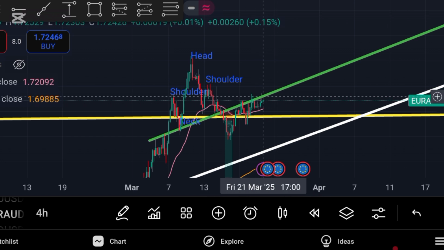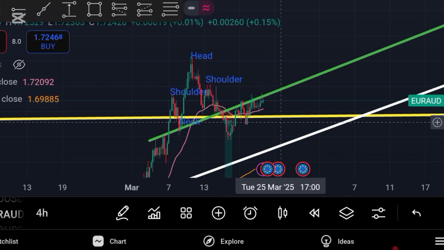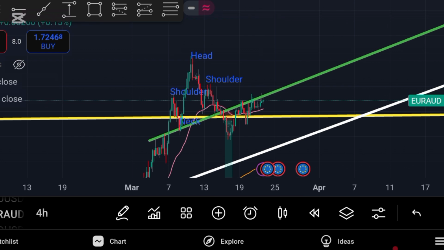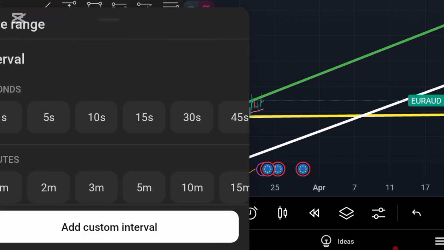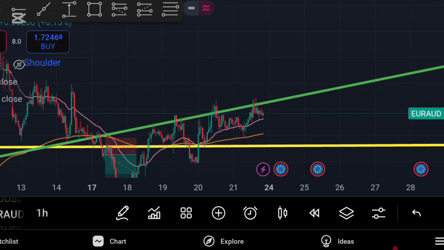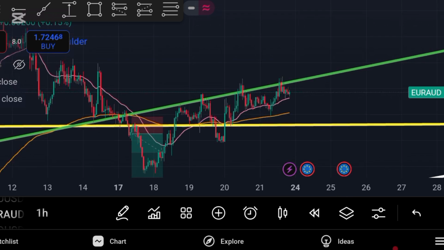So it is a possible sell to the downside. I don't know until where, but definitely could be part of an opportunity to actually place a trade and go to the downside with the market here. When you go to the 1 hour chart, as you can see, it did touch multiple times and it seems to be holding.